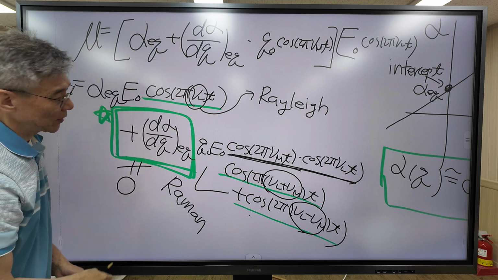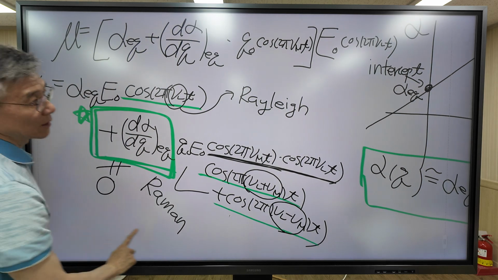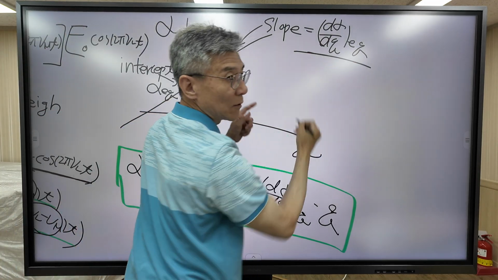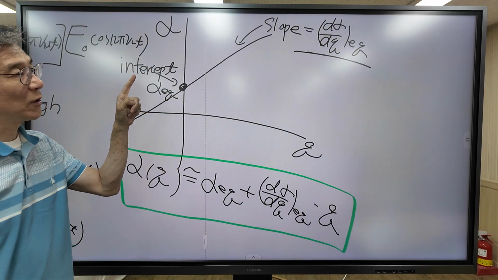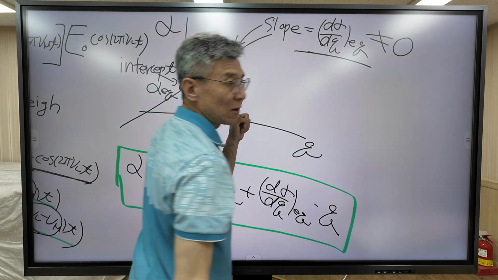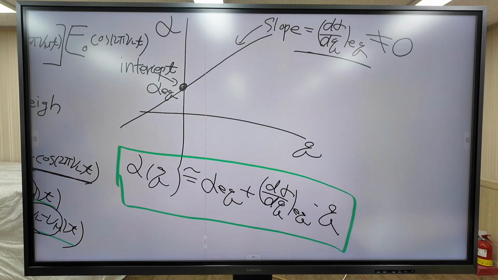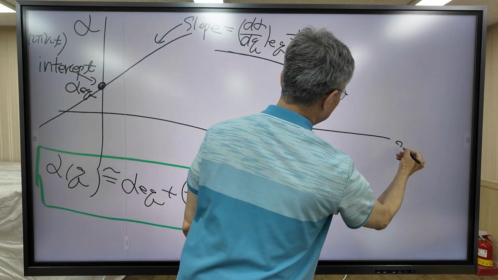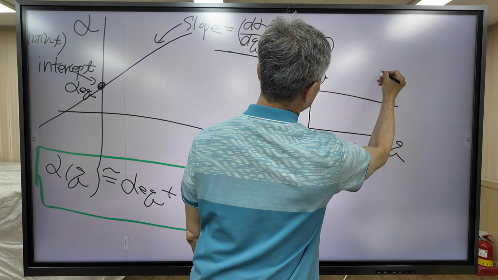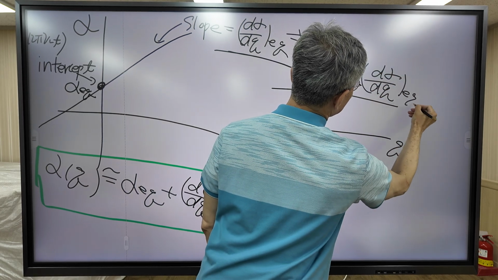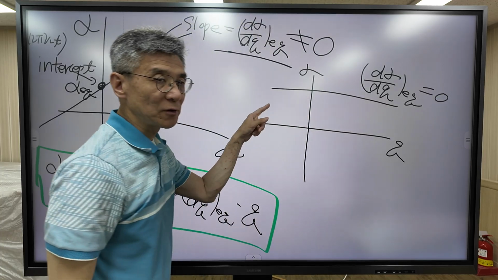What is this term? d alpha dQ comes from this graph. This is d alpha dQ, right? For the molecule to be Raman active, this term should not be 0. The slope should not be 0. What happens when d alpha dQ is 0?